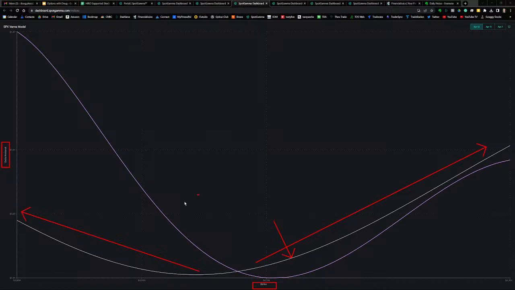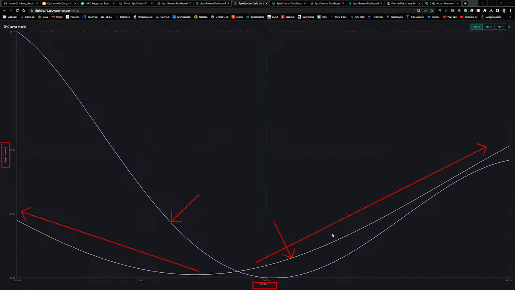And then this purple curve here does account for changes in implied volatility. And what this is showing in the positive gamma region is that the change in implied volatility is not going to add much to what market makers' delta notional is and how they have to hedge.